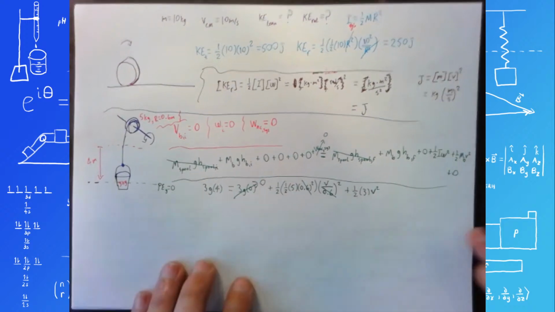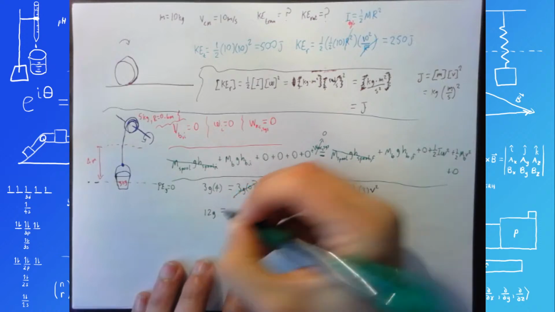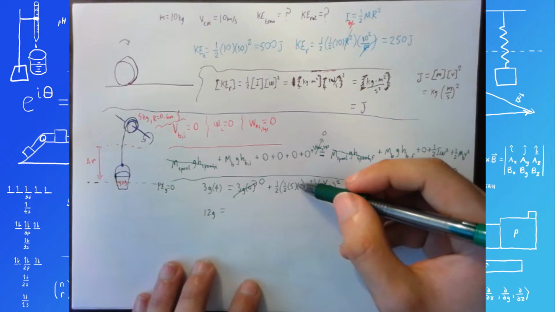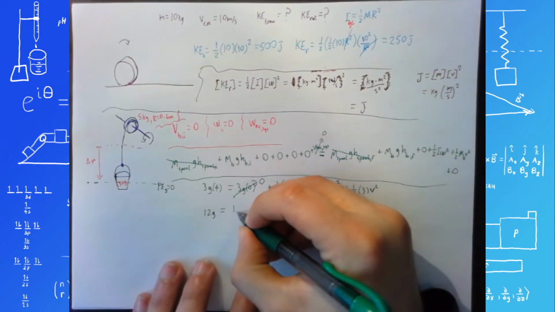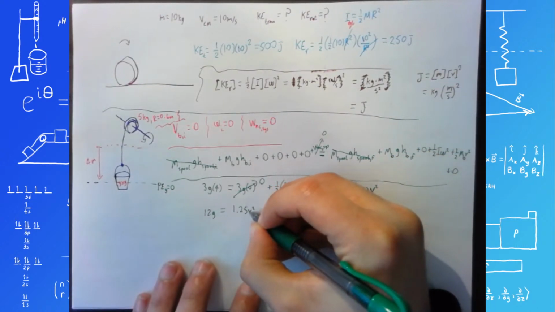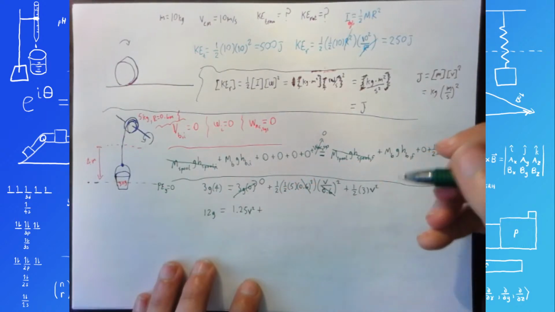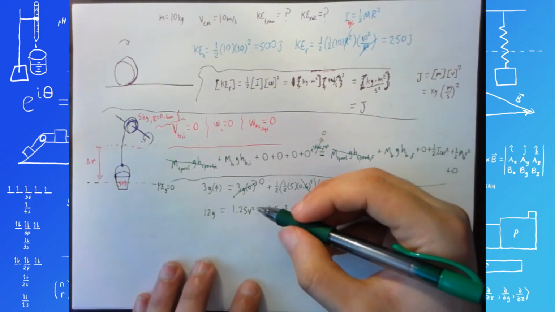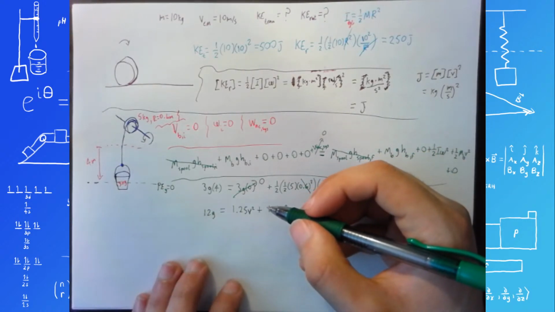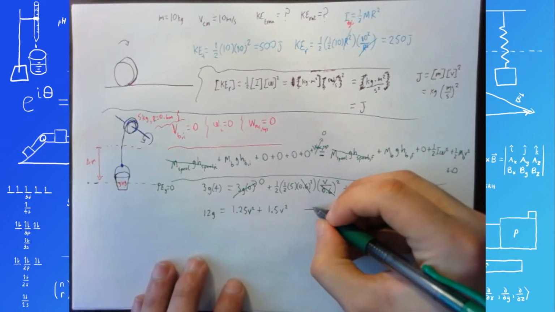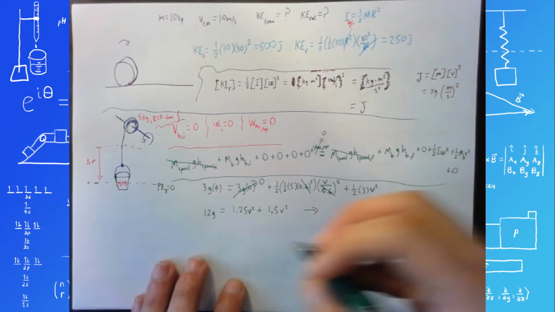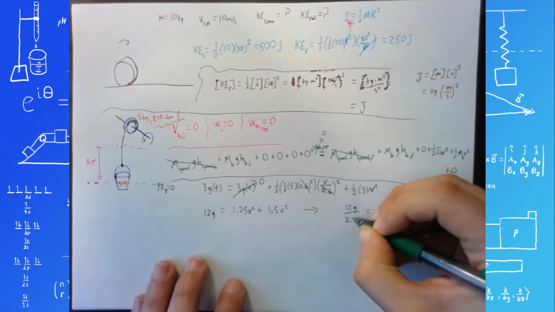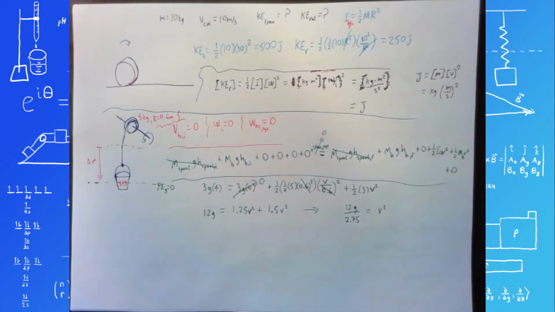So we have 12g on the left equals half of 5. So 1/4 of 5 is 1.25. 1.25 v squared plus half of 3, that's 1.5 v squared. So that's 2.75 v squared. So v squared is equal to 12g divided by 2.75, and then take the square root.